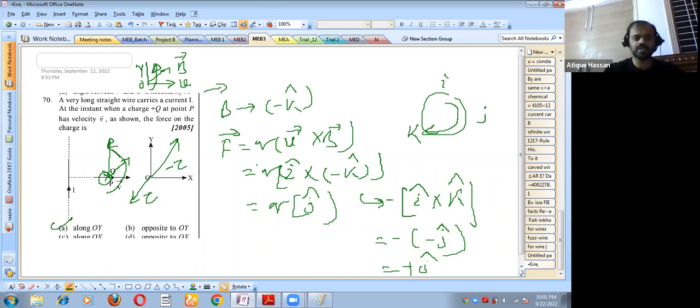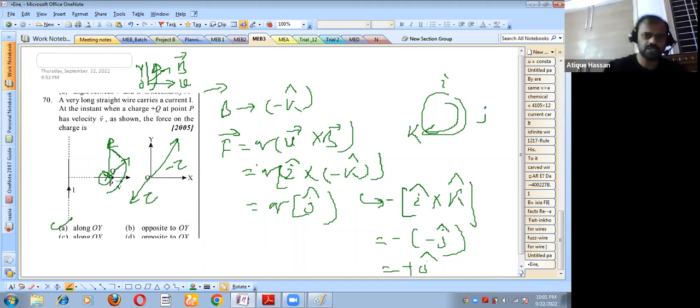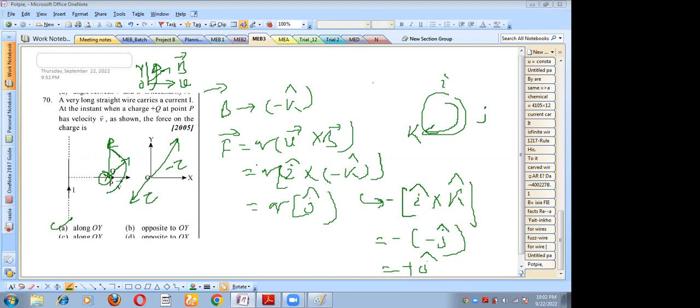If you apply the right hand rule, it is perpendicular to both V and B, so it should be along OY. Getting my point? Yes, sir. So the correct answer is A. Both of you got this, Samaira, Kulsum? Understood? Yes, sir. Or any doubt, please ask.